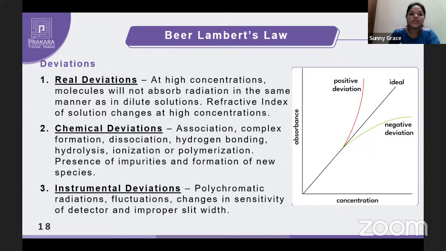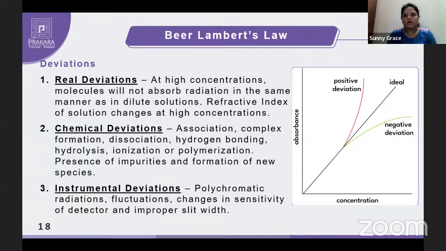Then coming to the instrumental deviations, we have seen in the definitions itself, whether it is Beer's law or Lambert's law, we are just talking about monochromatic light. So whenever polychromatic light is used, then obviously there will be a little bit of deviation. Then come fluctuations and the sensitivity of detectors. So there are various reasons which cause deviations in the Beer-Lambert's law. Even in spite of having these deviations, we use solutions for analyzing.